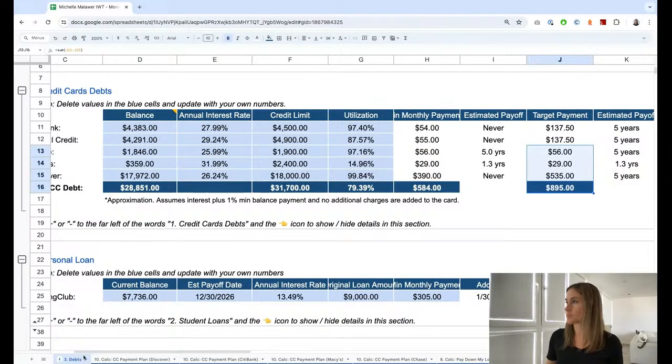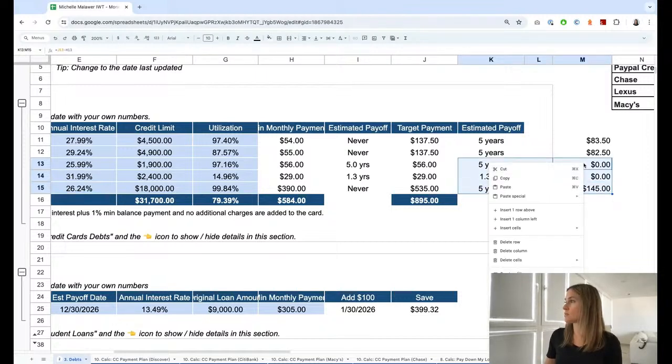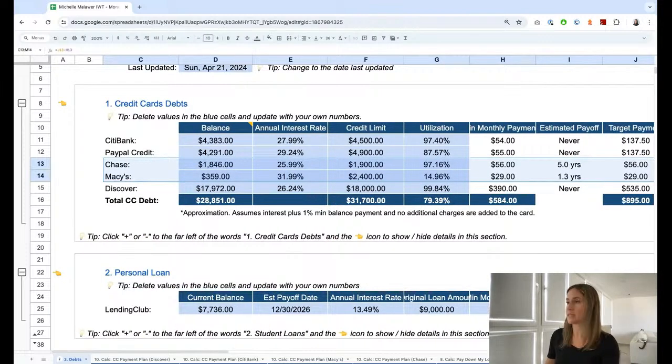So the adjustments are this minus this. These two require no adjustment. That's the Chase and the Macy's.